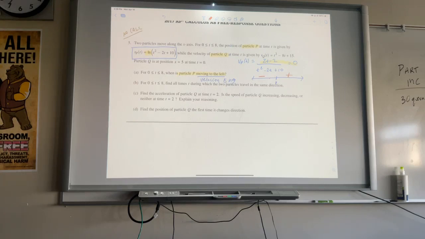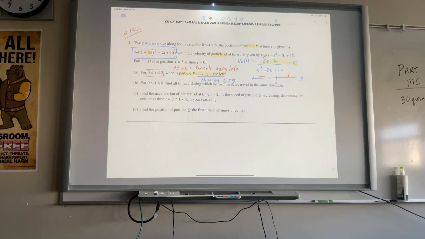For time negative infinity to 1, except, look, I'm on 0 to 8. So 0 to 1, the particle is moving left. Okay? Is that good?